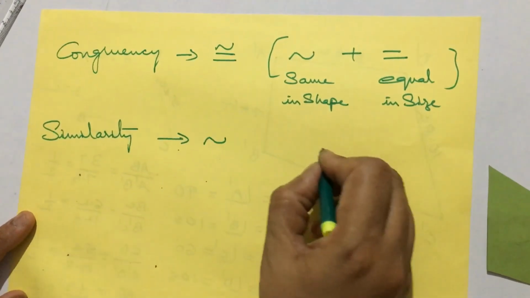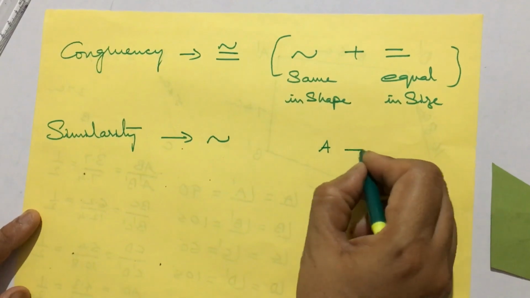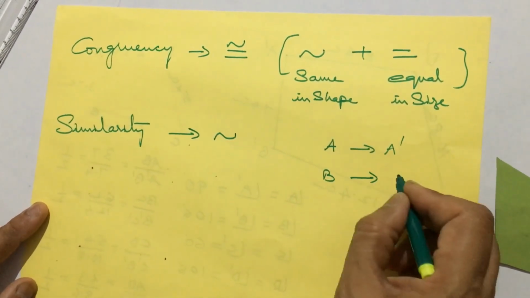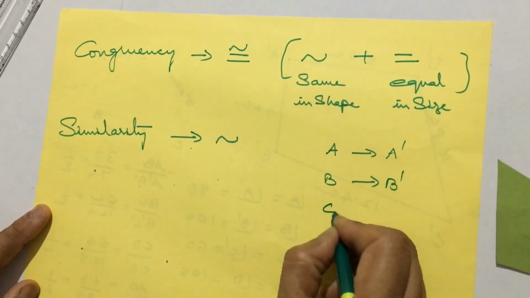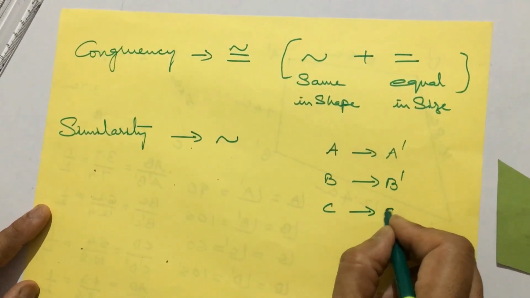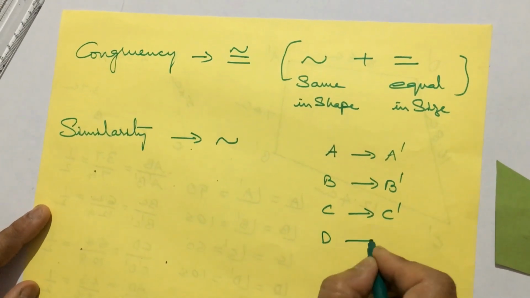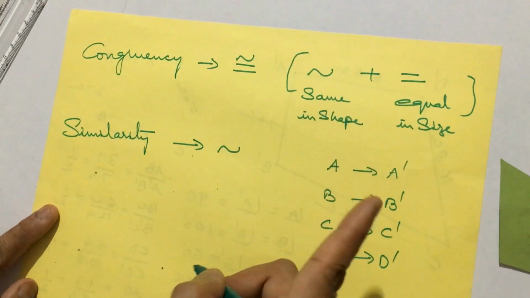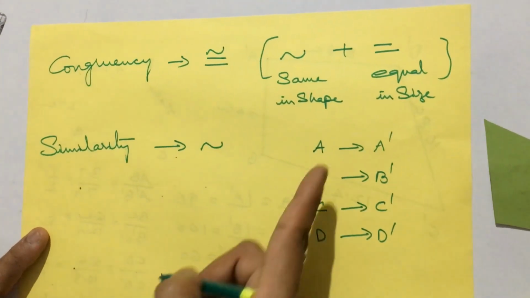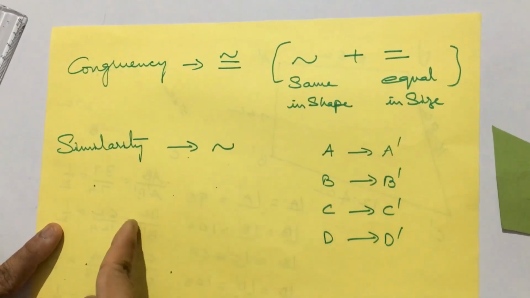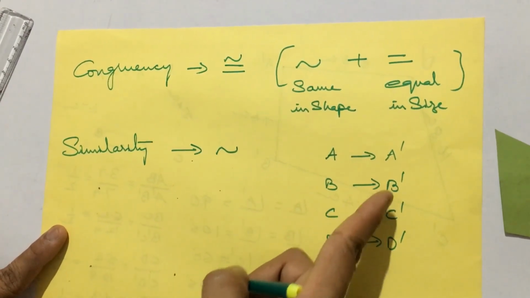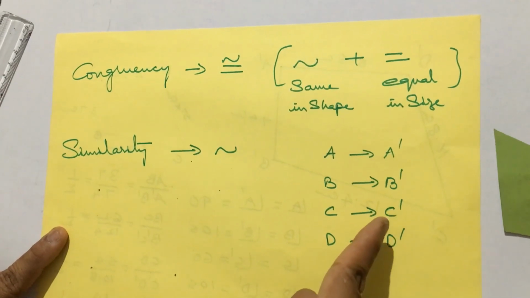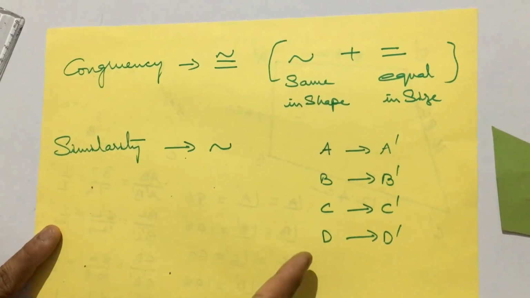From this one example, what can we say? In the figure, what we observed is that A corresponds to A dash. The angle B is equal to the angle B dash. Angle C is equal to the angle C dash. Angle D is equal to the angle D dash. In the same order, we have to take the correspondence. AB by A dash B dash gives the same ratio. BC by B dash C dash also gives the same ratio, and CD by C dash D dash also gives the same ratio.